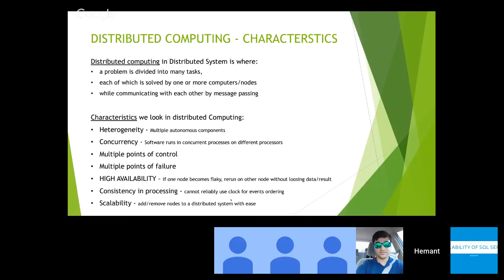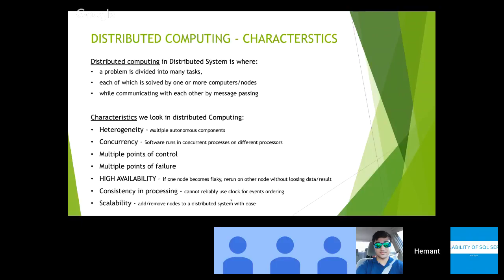And then multiple points of failure, so that if one node or one machine goes down, that doesn't become a failure of the whole goal.